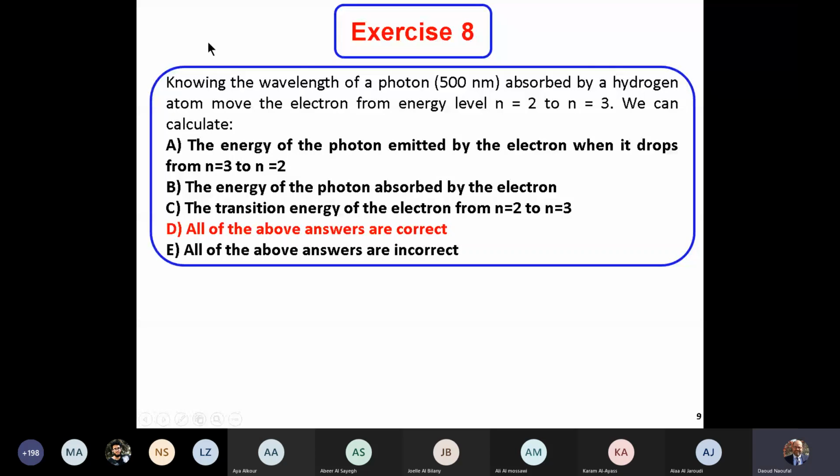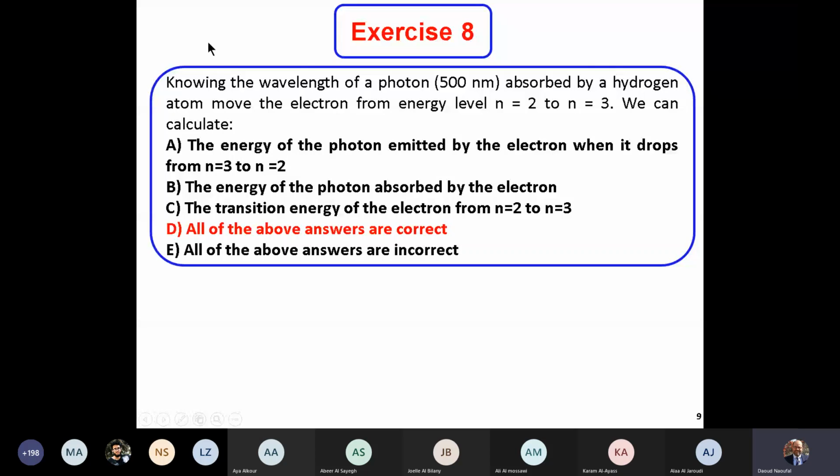So we have several statements A, B, C, D, and E. Which of the above statements is or are correct? A, the energy of the photon emitted by the electron when it drops from n equals 3 to n equal 2.